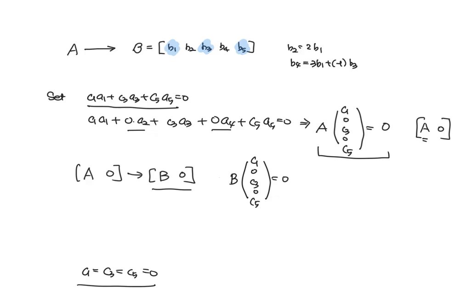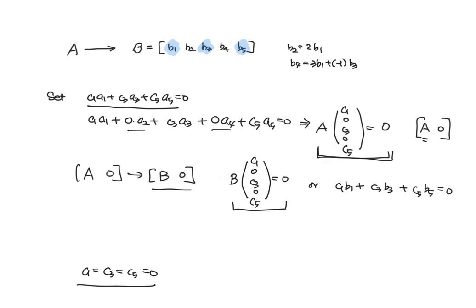Am I right? If I consider this equation with the A matrix, and since B is the reduced echelon form of A, that equation can be replaced by this equation. In other words, C1 B1 plus 0 times B2, plus C3 B3 plus 0 times B4, which can be erased, and then C5 B5 equals 0.